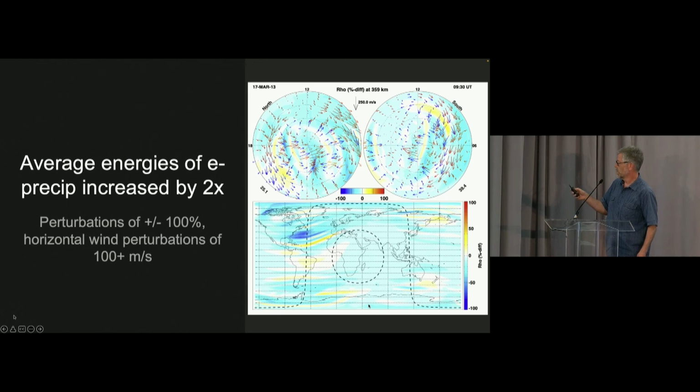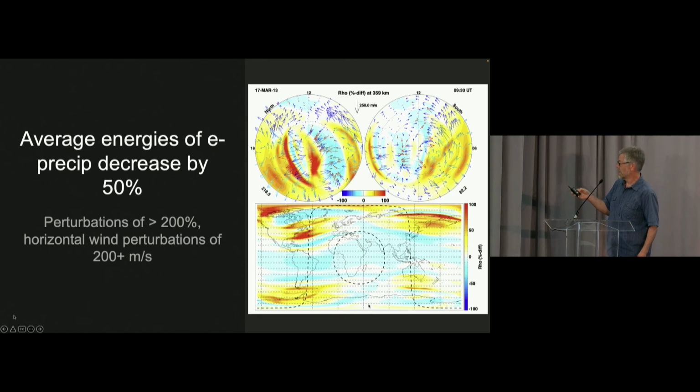But then you change the average energies by decreasing them by 50%, and what you get is over 100% changes in the densities. You can see that they're distributed over a pretty large region here. So this really says that if the average energy is much lower than you expected it to be, the density perturbations are going to be significantly higher.